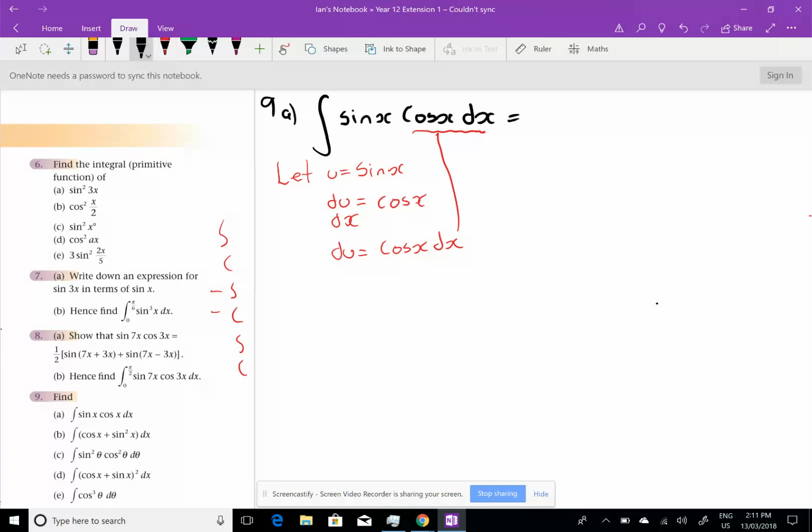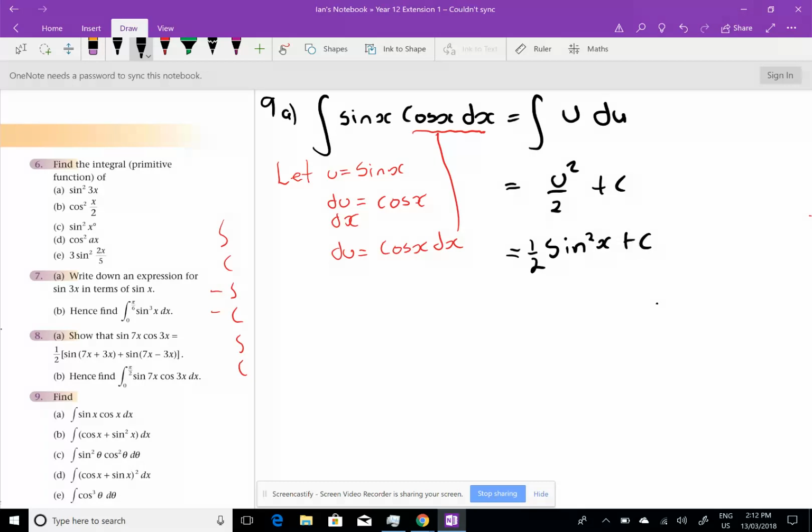So what I get is the integral of u du. That is so easy, because that's u squared on 2 plus some constant, and u is sine x, so we'll put a half out the front.